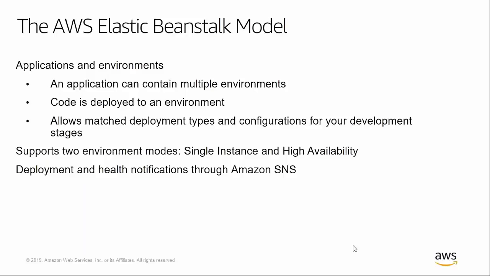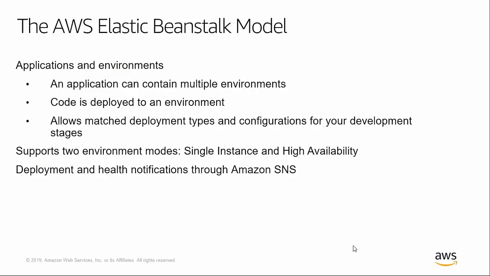A couple ways to think about that is think in terms of a microservice. So you could have an application for your digital store that's composed of multiple environments, such as Go for your store front end or Python for your inventory and account services. And all of those are modeled within your digital storefront application itself.